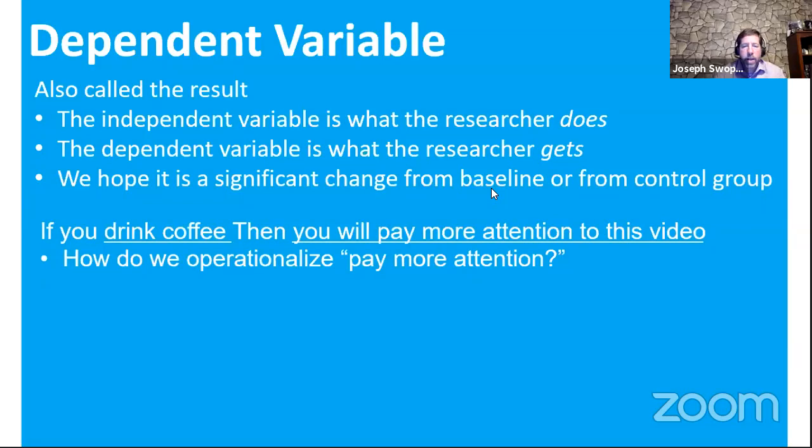It's can you weave these concepts together and apply them to demonstrate that you know what you're talking about in a deep and cogent manner? So we hope it's a significant change from the control group. Is there a big or significant difference between the experimental group that got the independent variable and the control group that got a placebo or got nothing?